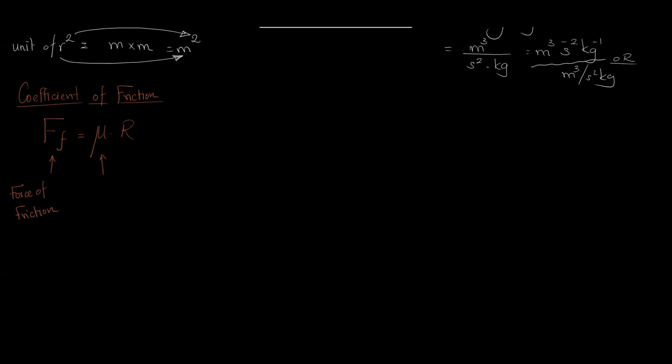This is what we call coefficient of friction. And this is what we call reaction force. In specific, it is normal reaction force. It is not any reaction force, but normal reaction force.